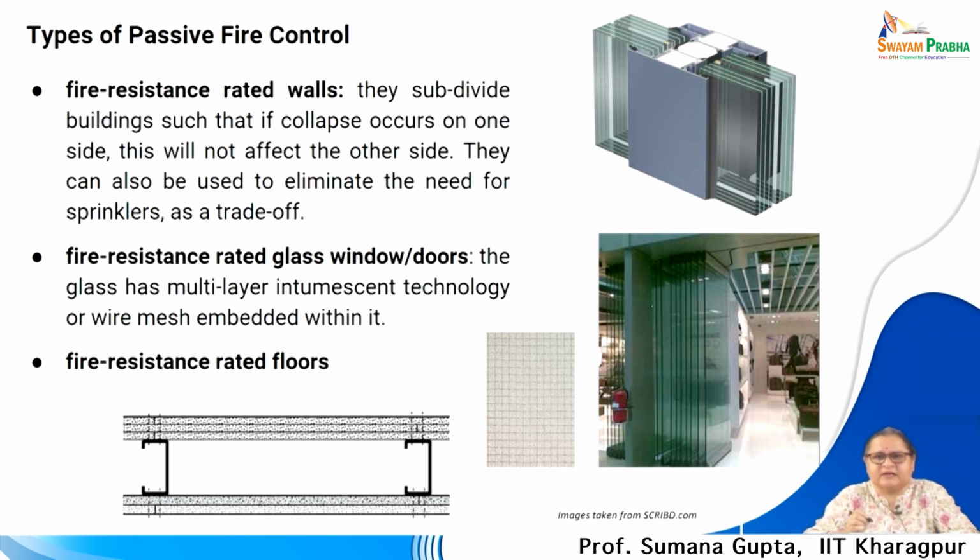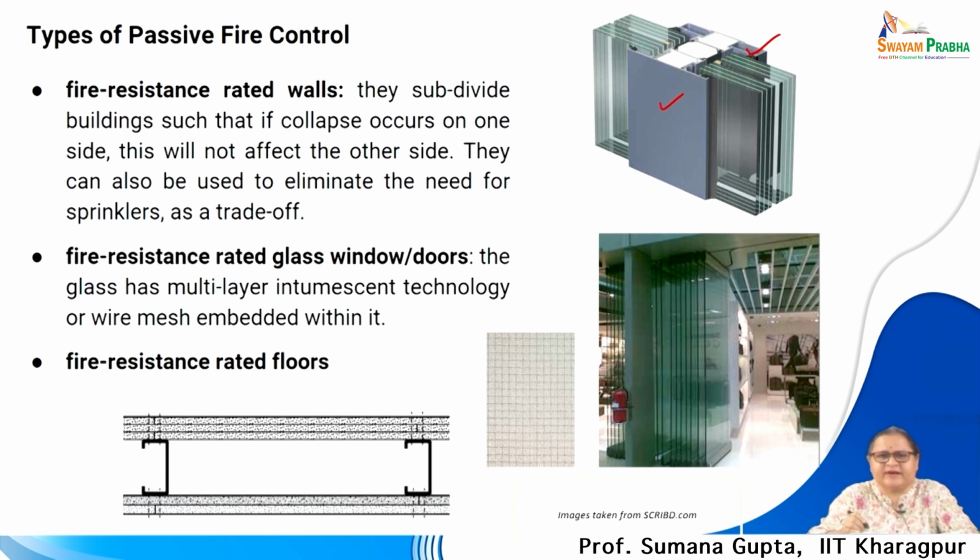Glass windows, glass doors, you can see in this picture, these are glass walls, glass facades, an assemblage where these are the metal parts and here there are glass layers. These glasses are maintaining the compartment, that means where there is a fire, it is not allowing the fire to move from one compartment to the other.